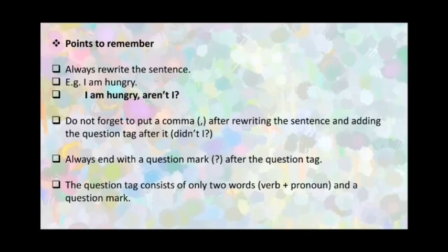So children, there are certain points that you need to remember so that your marks may not be deducted due to silly mistakes. Always rewrite the sentence. Whenever you have these question tag sentences, apart from the question, you need to rewrite the sentence.